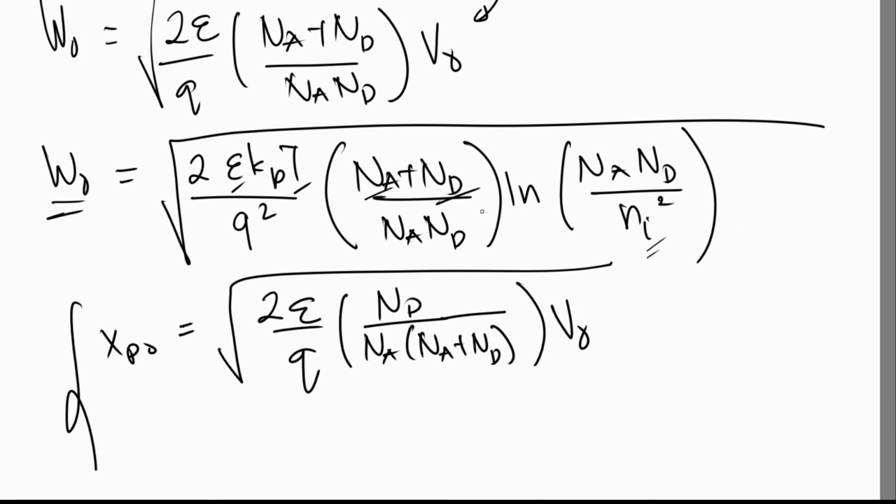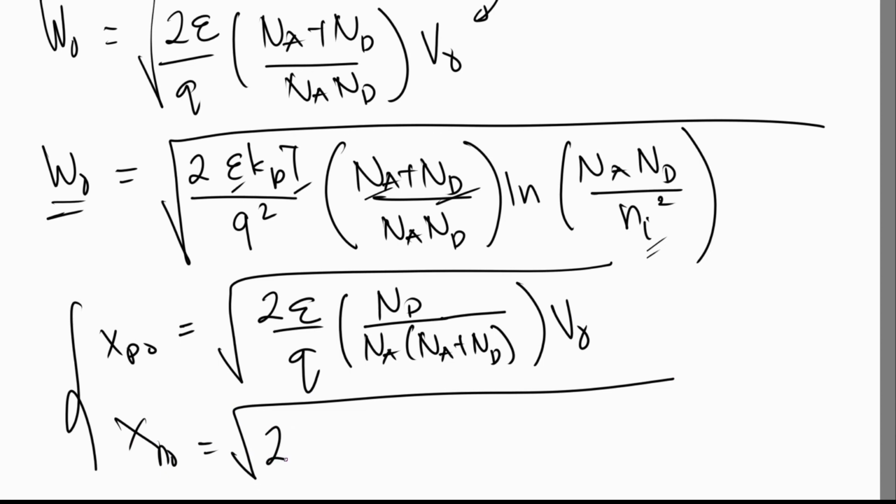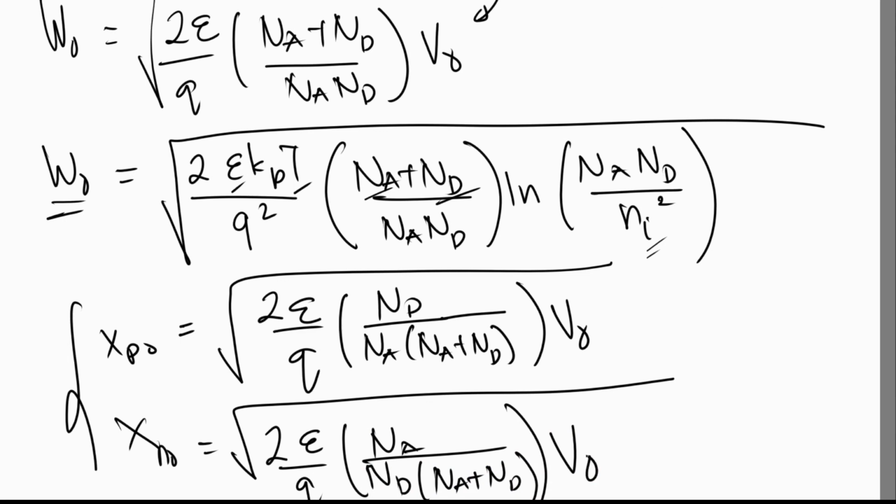So just input V naught there, and XN naught will be equal to the square root of 2 epsilon over Q, Na over Nd, times Na plus Nd, V naught.